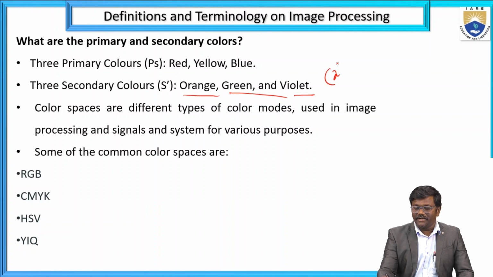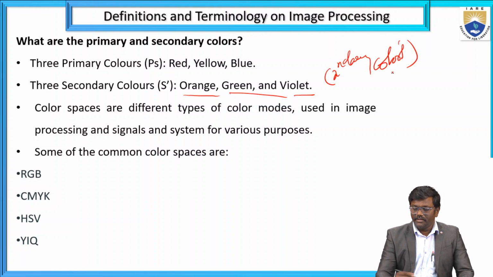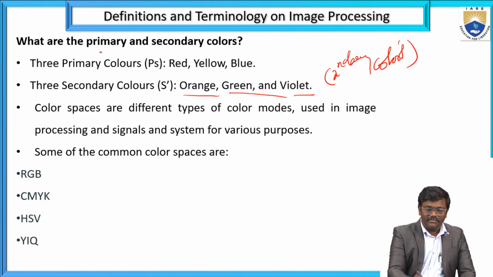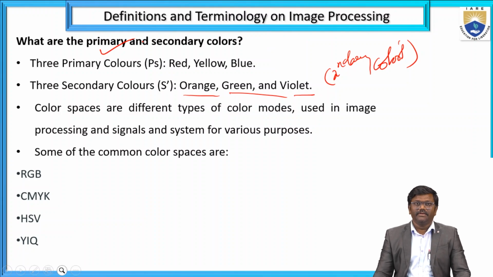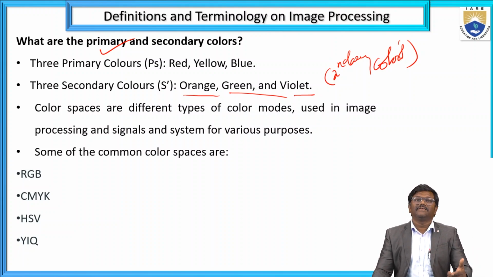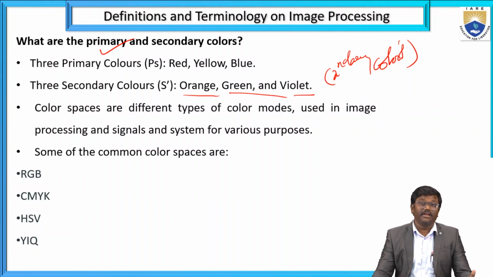These are the secondary colors. Okay. And this one is primary colors, which we know. So if we compare between those different types of color models which are used in image processing and obtain the signals and systems for various purposes, because image processing has a wide range of interdisciplinary applications.